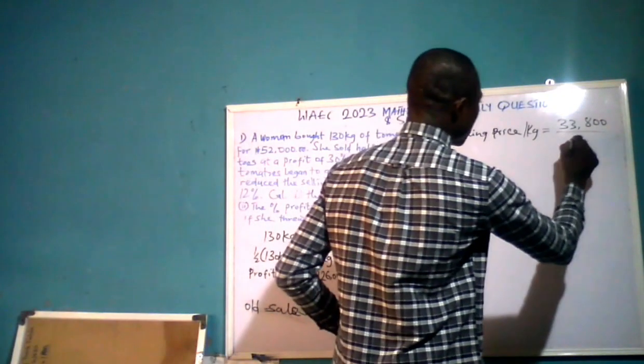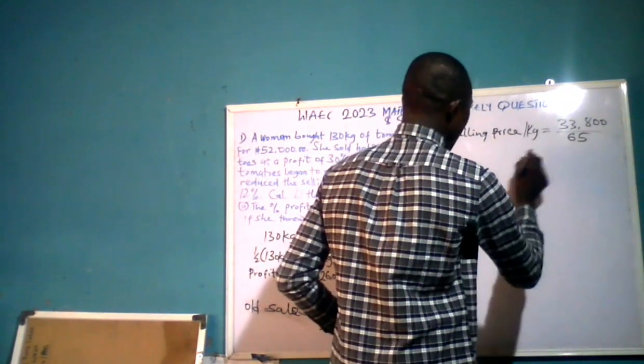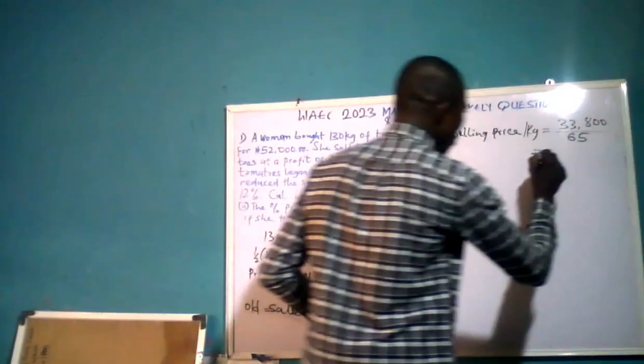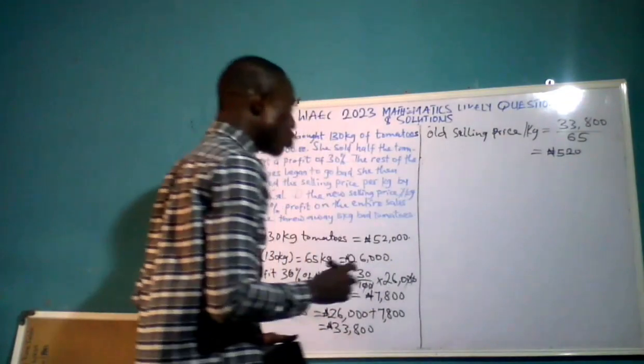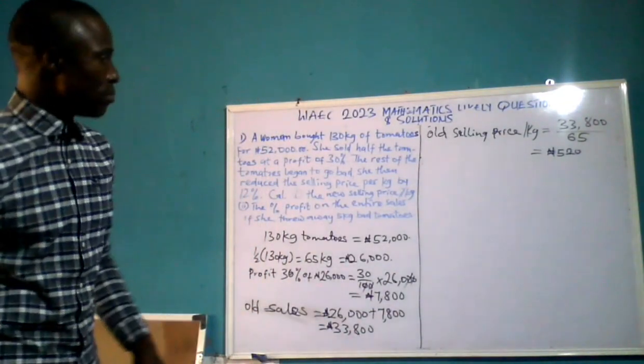So 33,800 divided by 65 will give you 520 naira. That's the old selling price per kilogram.